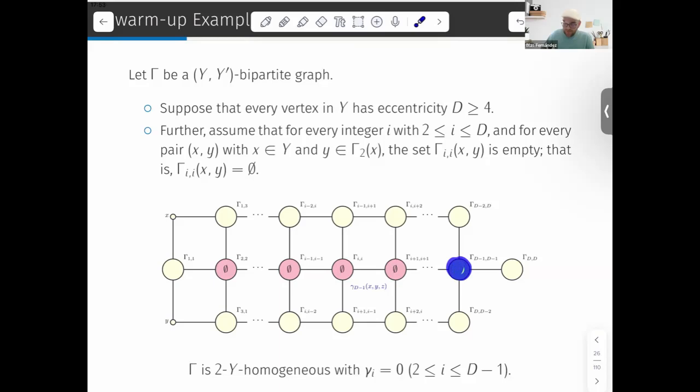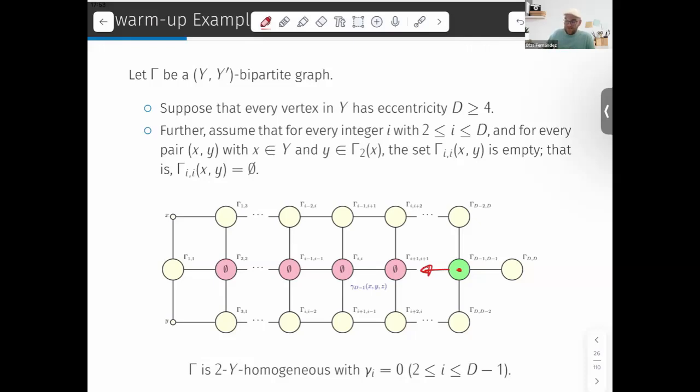And what may happen here? So if this bubble is empty, then by definition the scalar gamma d minus 1 will be 0. But in case that this bubble is non-empty, then this means that this vertex here has no connections there.